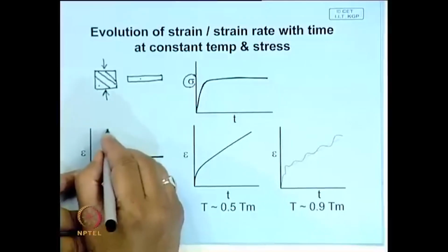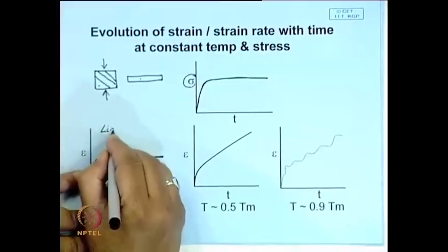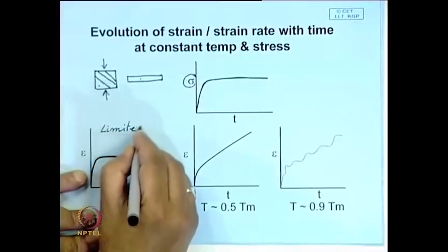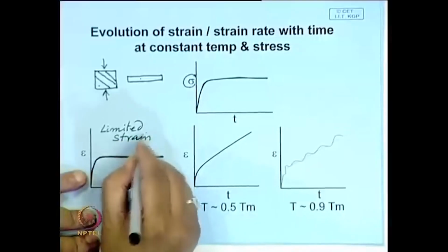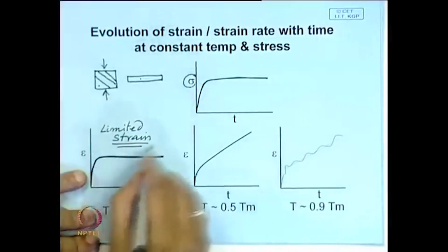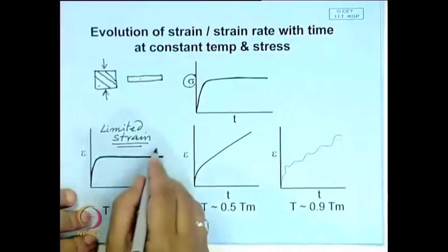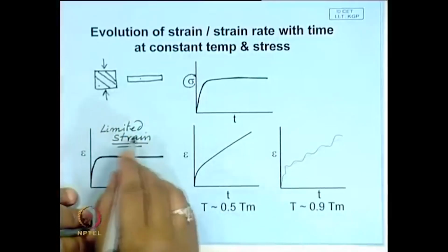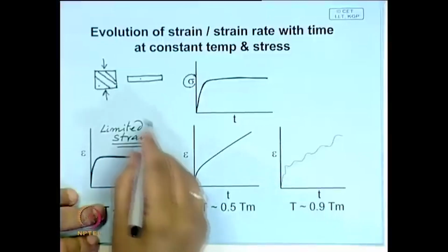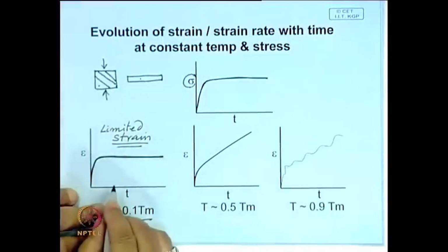The material hardens, and therefore you cannot strain it further. To give further deformation, you have to restore its initial structure and bring down its strength, so give it an annealing treatment, and only then will you be able to deform.